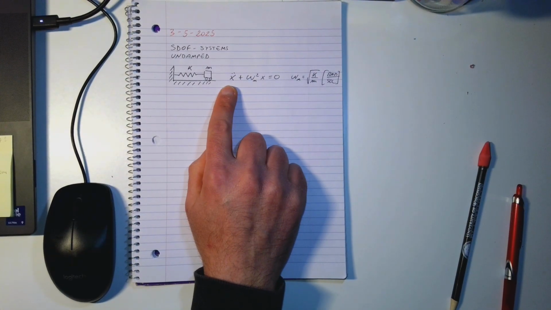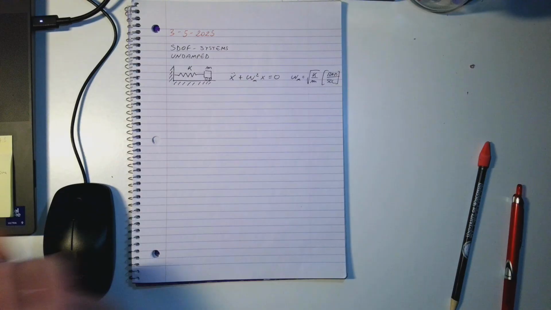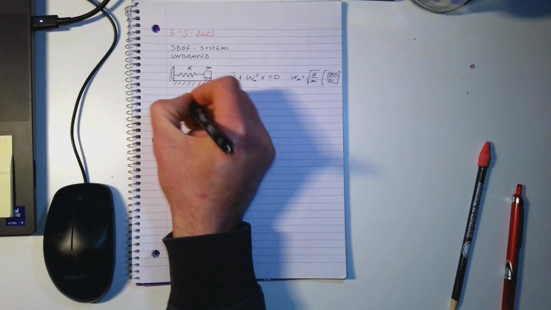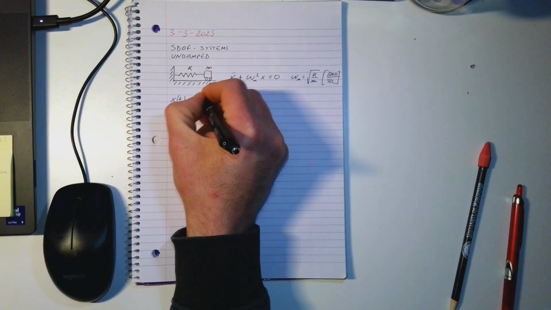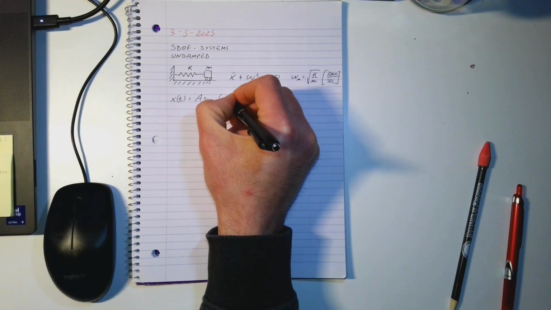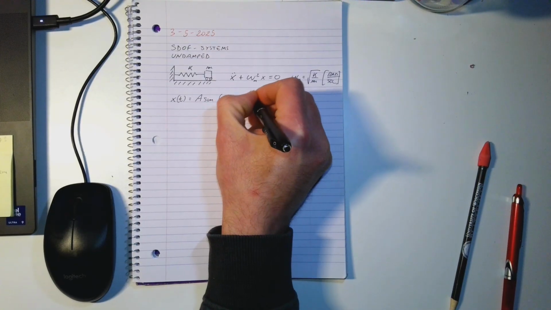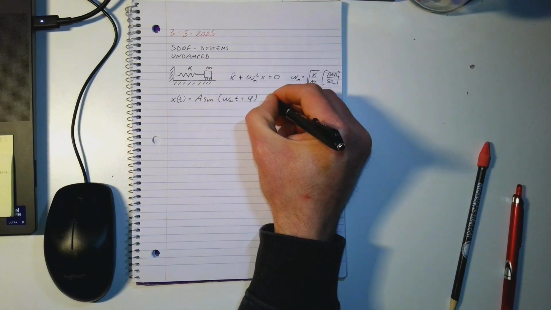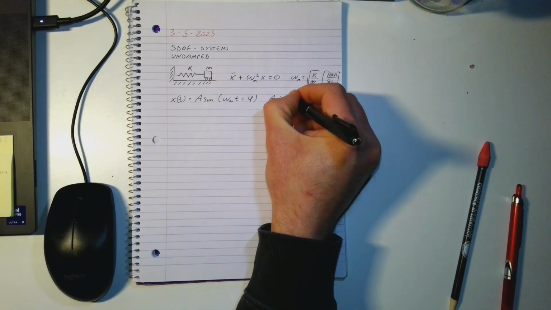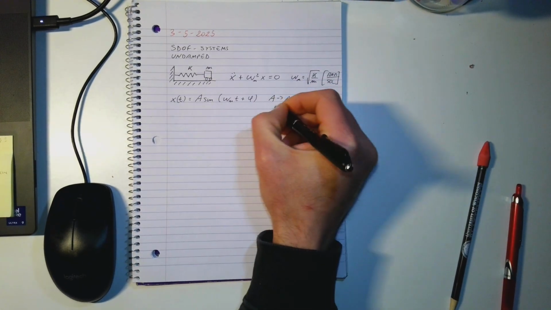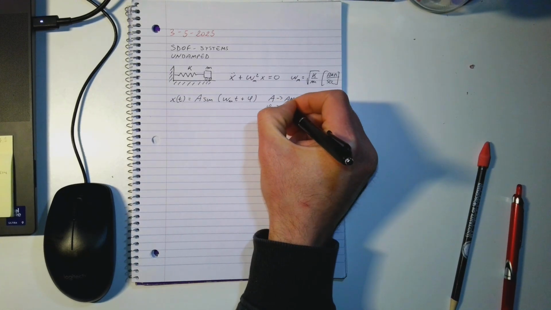We start by looking at the general solution, which is the form of x of t equal to A sine of omega_n t plus phi, where A is the amplitude and phi is the phase.